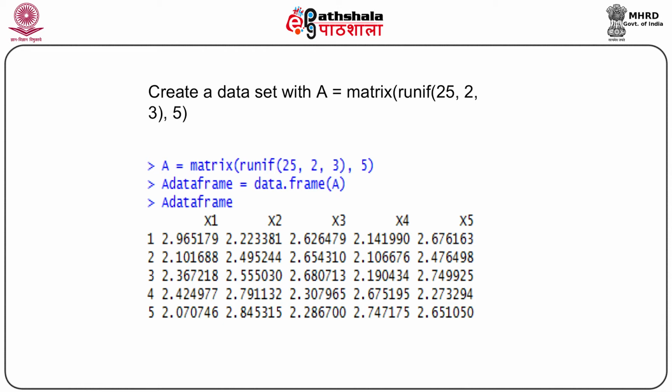And then by writing 5, the number of rows is specified. Here our data frame is our desired data frame. So the data frame is printed and it will be like this.